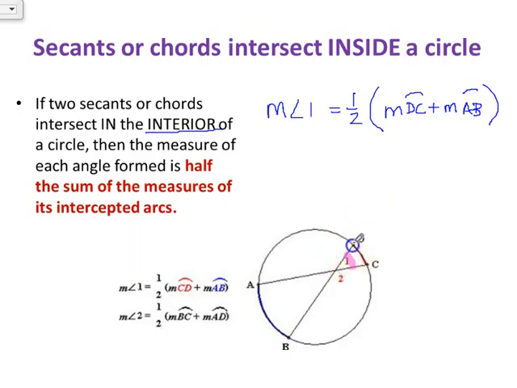So if we're finding angle 1, we would have to add arc CD plus arc AB. And then same if we were trying to find the measurement of angle 2 in this diagram, we would have to add the arc AD plus the arc BC, and then divide those by 2. So ready to see an example?